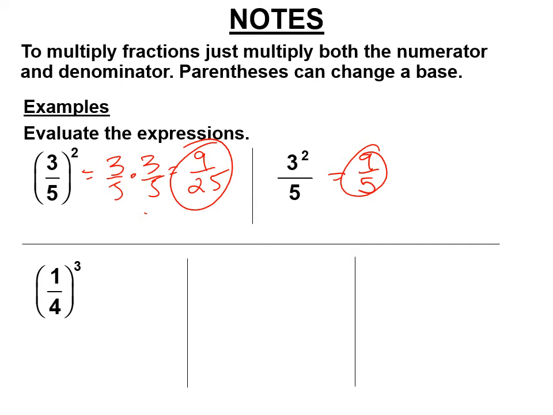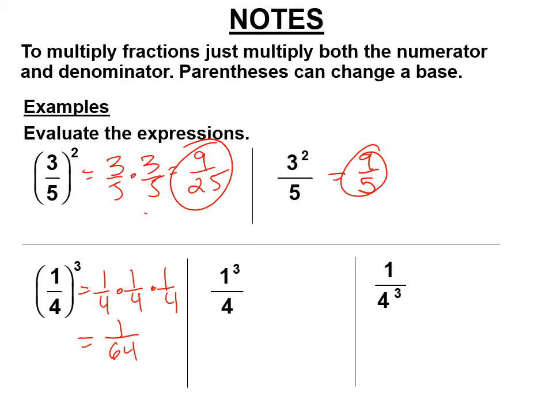All right, so what's 1/4 cubed? 1/4 times 1/4 times 1/4. 1 times 1 times 1 is 1, not 3, 1. 4 times 4 is 16. 16 times 4, you might want to memorize, comes up a lot this year, 64. So, right, 1/4 cubed is 1/64.